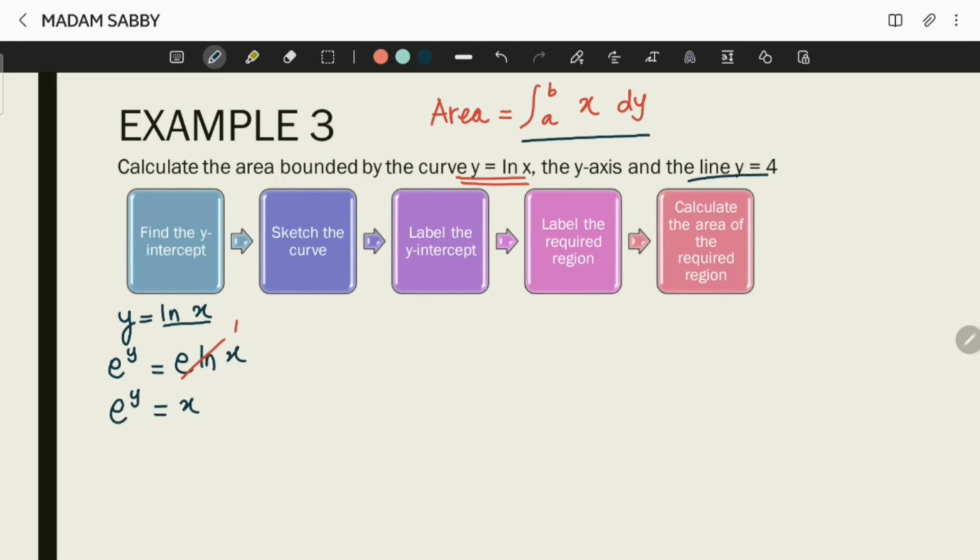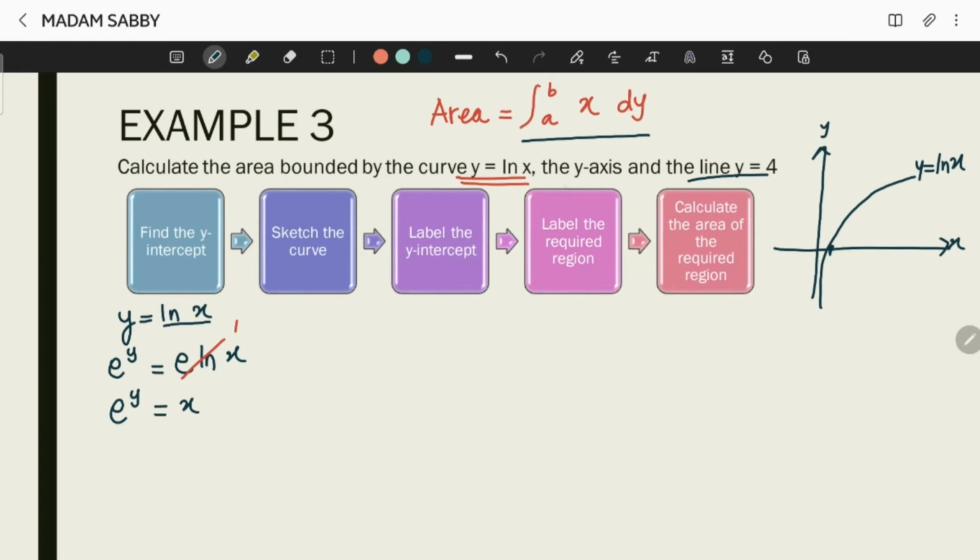We have to sketch the curve first in order to get a better idea of where the region we are looking for is. A ln function will look like this. It will pass through x equals 1. So this is y equals ln x.